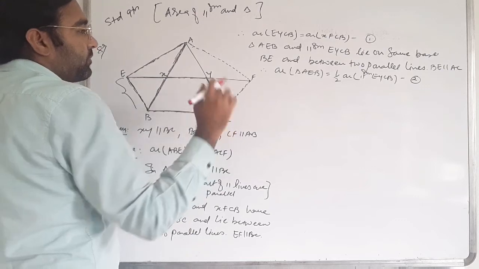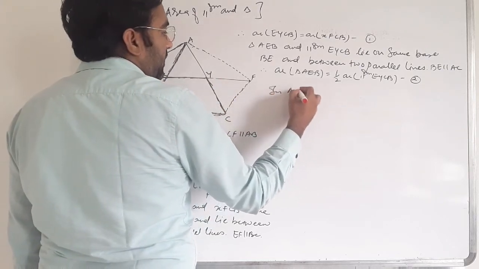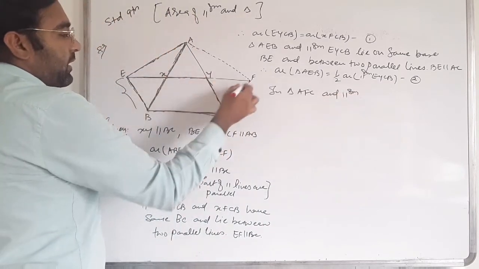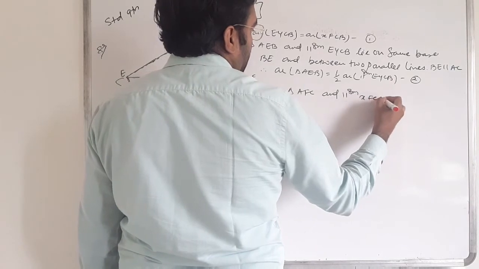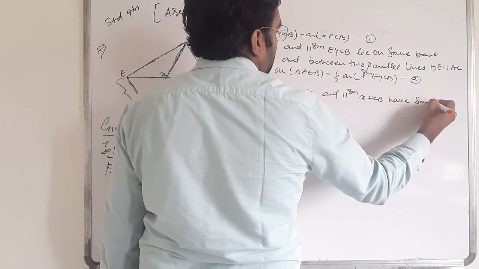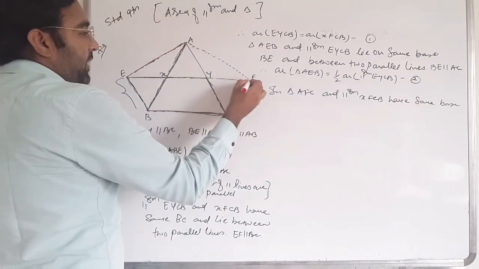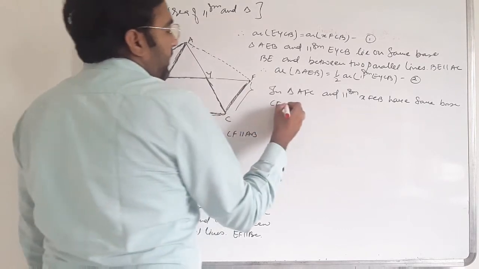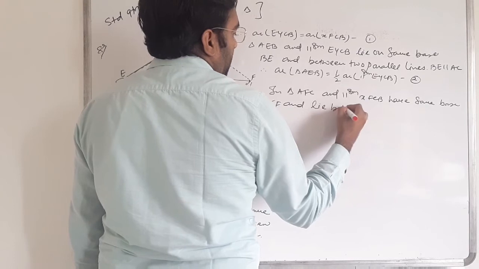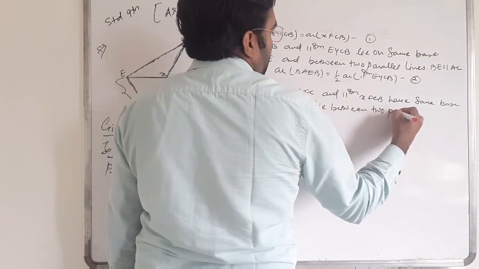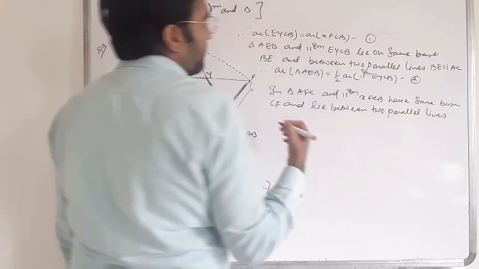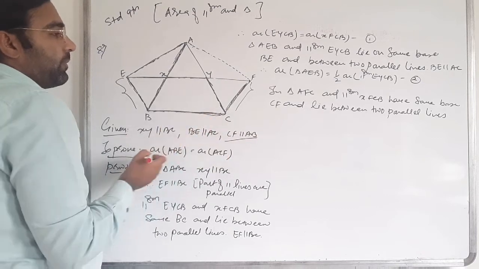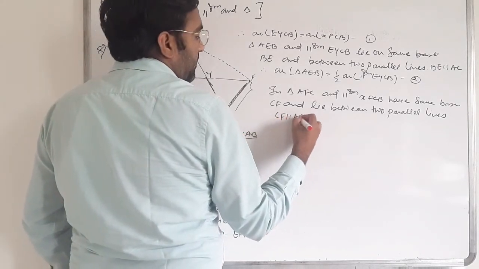In triangle AFC and parallelogram XFCB, they have the same base CF and lie between two parallel lines, that is, CF parallel to AB, which is given.